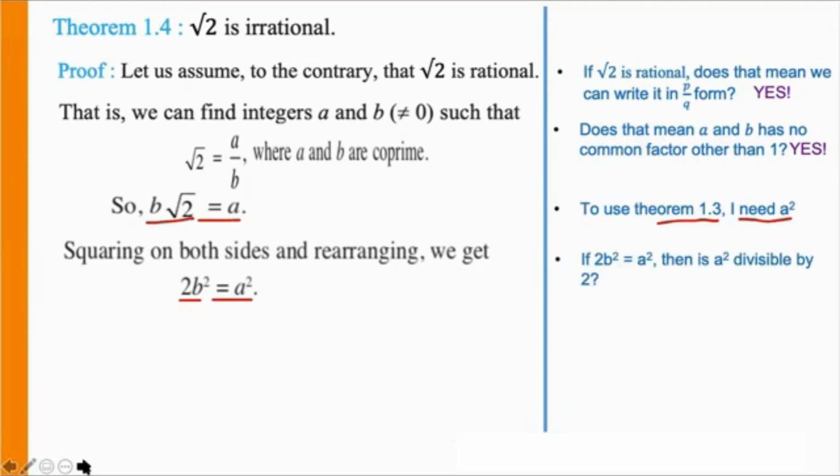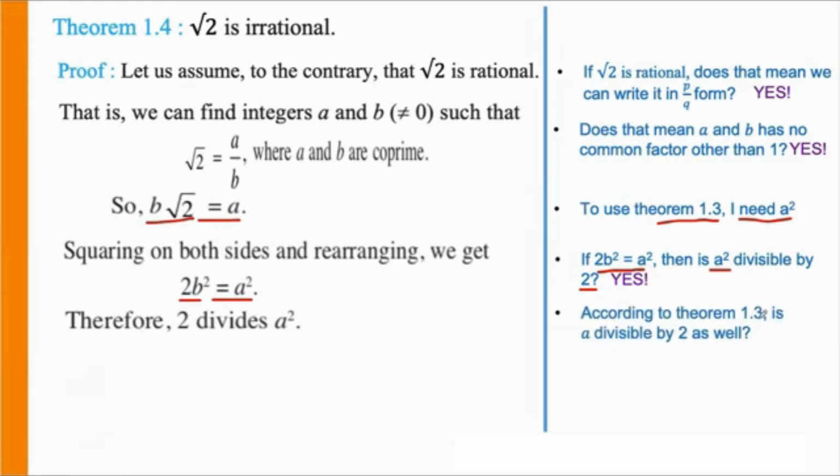Now if 2b square is equal to a square, then is a square divisible by 2? So is this 2 a factor of a square? Yes. A square is divisible by 2. Yes. Therefore, 2 divides a square.